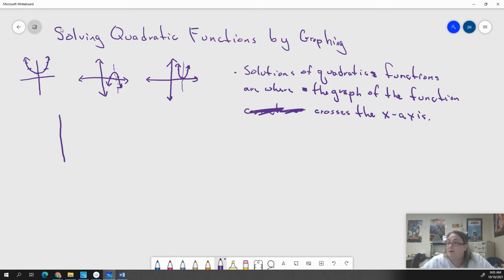So if you remember where it crossed the y-axis, we call them the y-intercepts. And when it crossed the x-axis, we called them the x-intercepts. And so that's really what our solutions are. So if I have a parabola right here, the solutions are going to be these points right here where it crosses that x-axis.